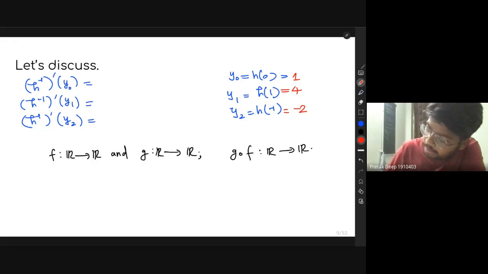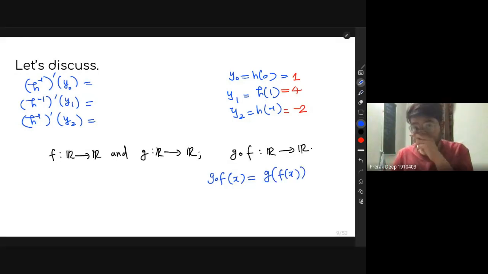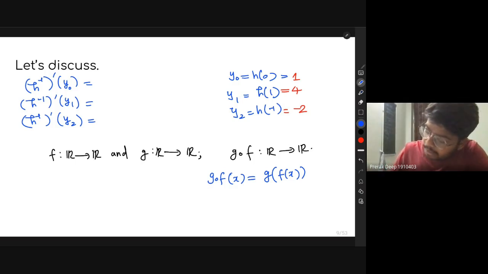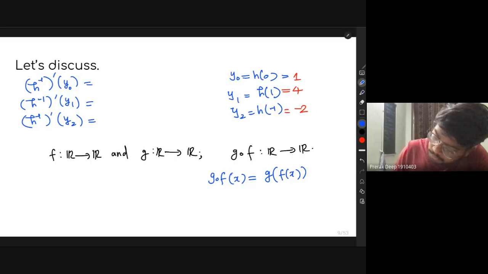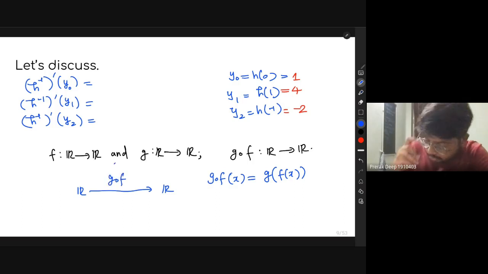And how do we define this composition? First, we apply f on x, and whatever real number we get, we apply g on that. A better way to write it is R to R to R. If this is my g o f, then I first apply f and then I apply g on it.